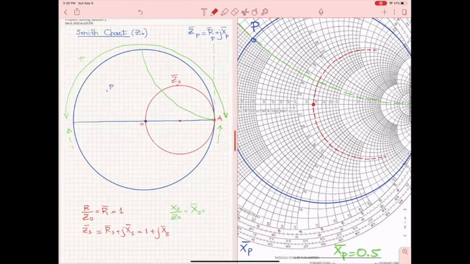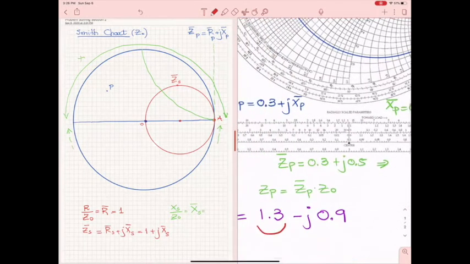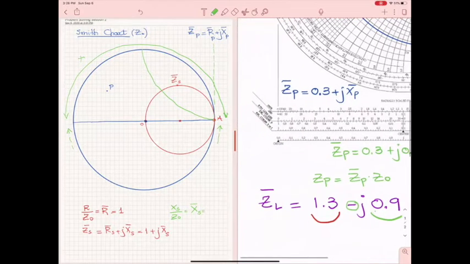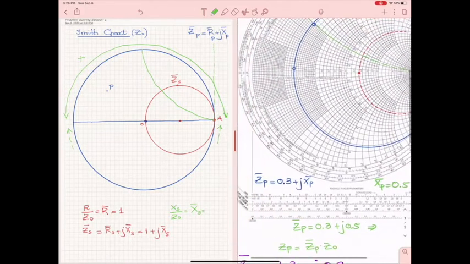Now, what is 0.9? It has a minus, and 0.9 gives us the reactive part of this load. We have to see where the circle is on which all of the points have the same normalized reactive part, and it's negative.